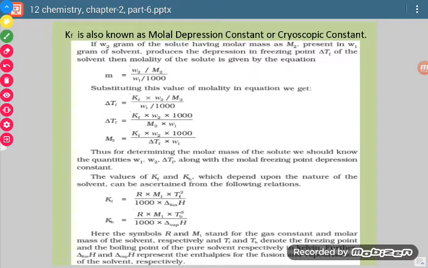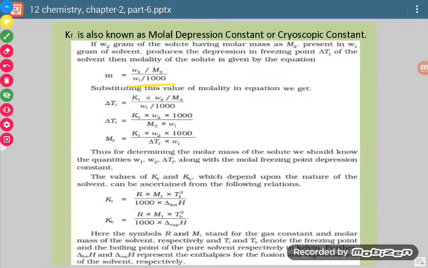Now, how to calculate the molecular mass of solute by using this particular property? So, we will put the value of molality. Molality is this much as per definition, number of moles of solute over weight of solvent into 1000. So, this we will get. Now, here, okay, now see, don't confuse in this. Here what is written?